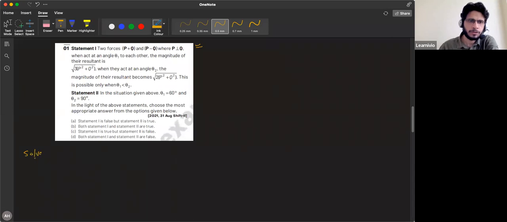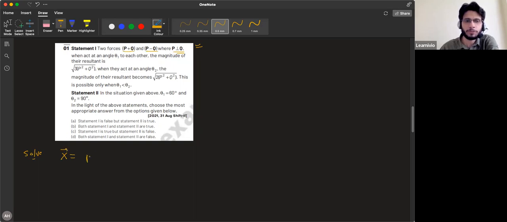Okay, let's do it. So you have two forces, P plus Q and P minus Q, where P and Q are perpendicular. So the angle between P and Q is 90 degree. So let's call this X. And what is X?